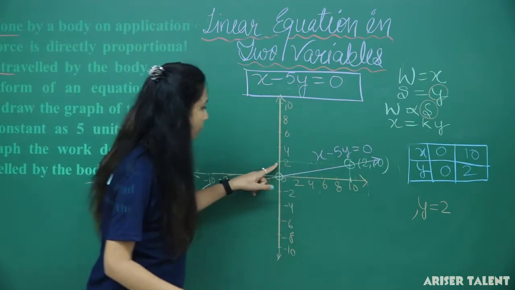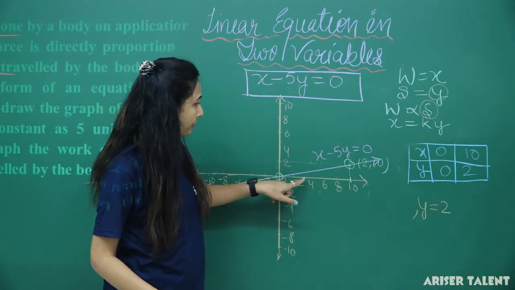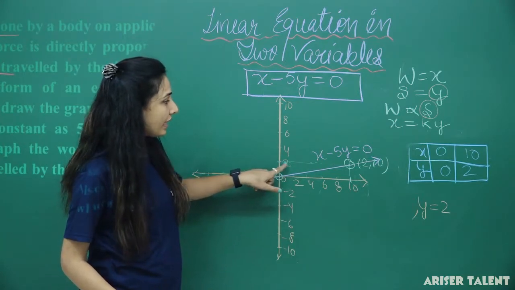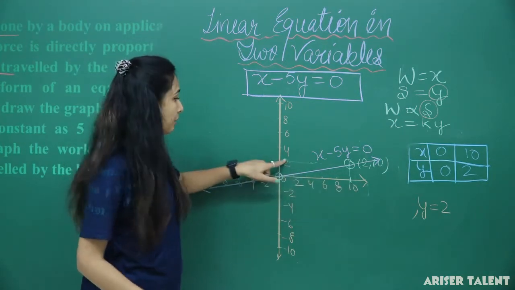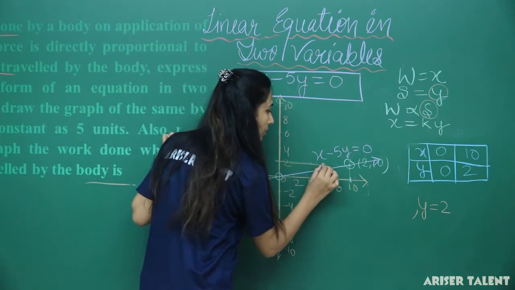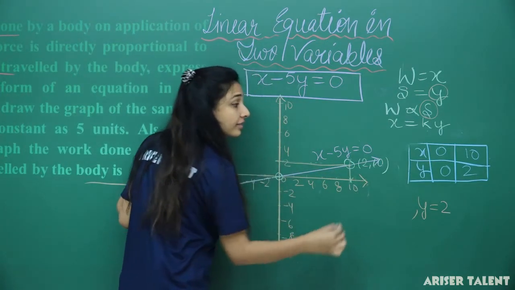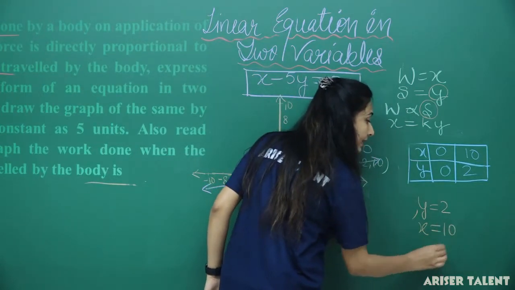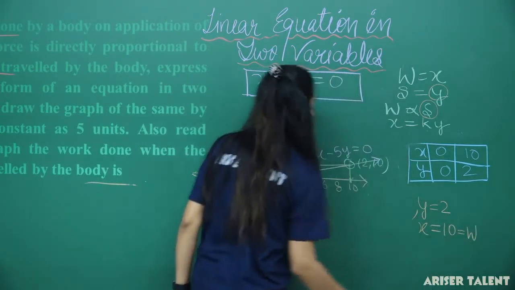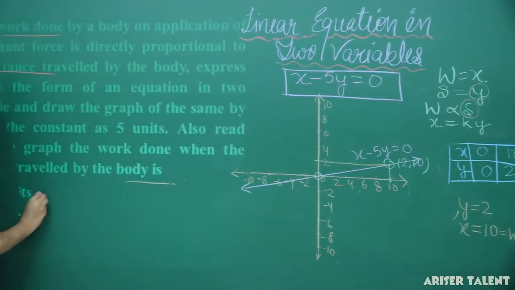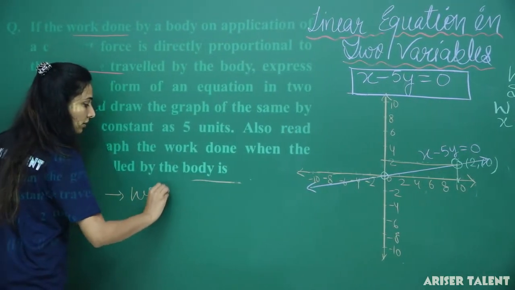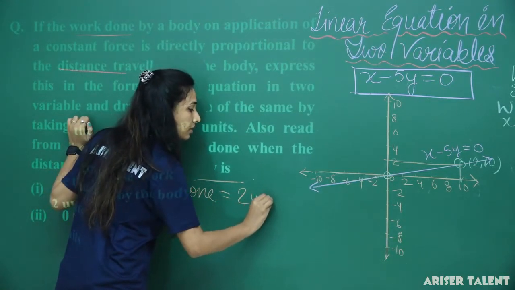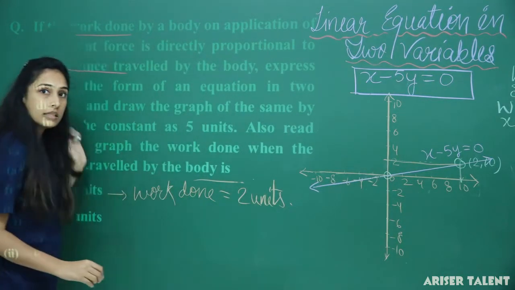At y equals to 2, what are we getting? The value of x. At y equals to 2, the value of x is 10. That means x equals to 10 here, and that will be the work done. This is the first thing.